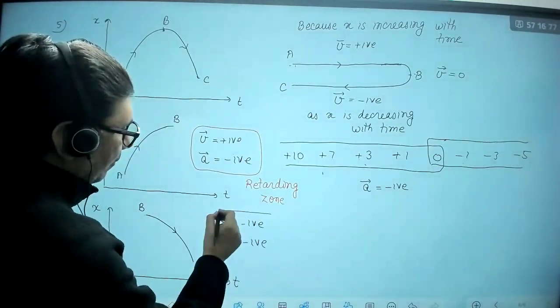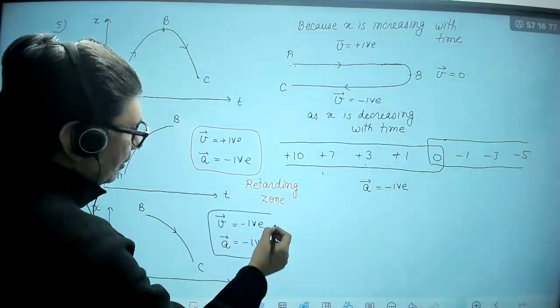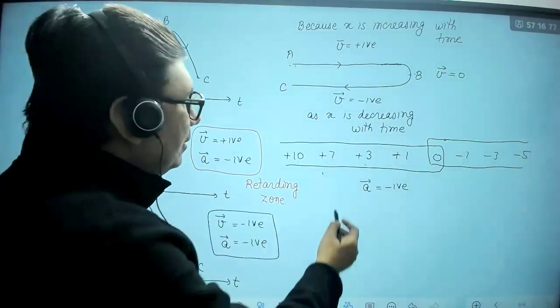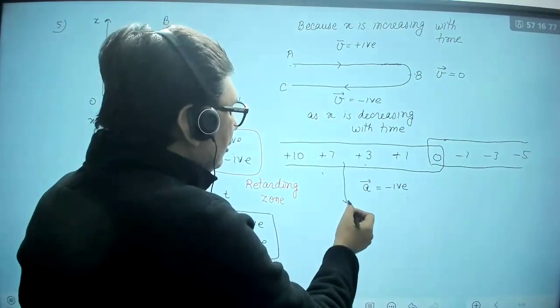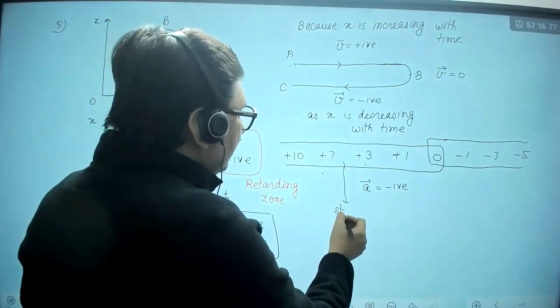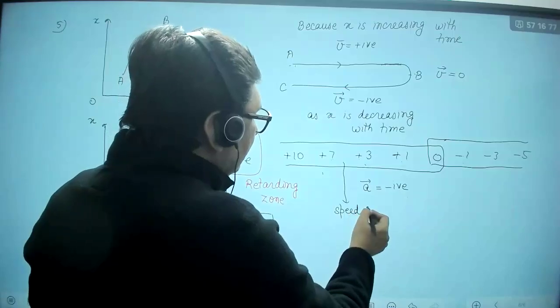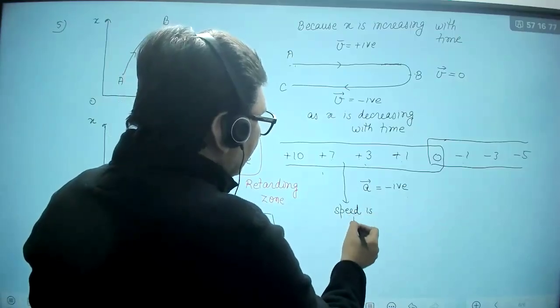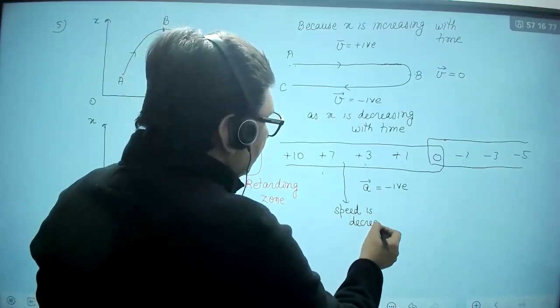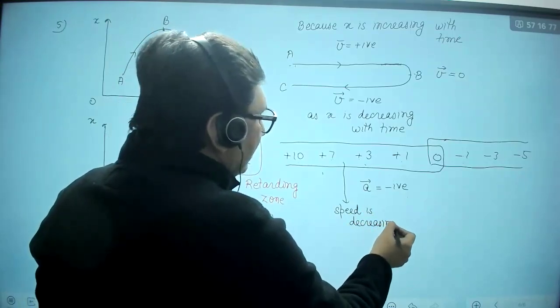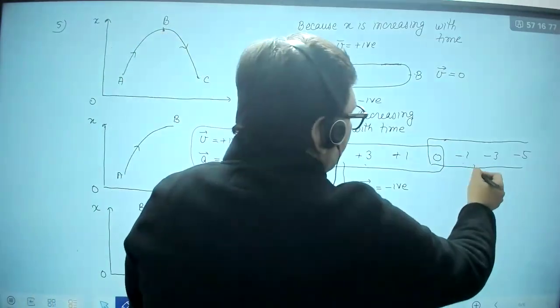But if you look at the speed, try to understand. In the first zone, speed is decreasing, so this is a retarding zone. And here, his speed is increasing.